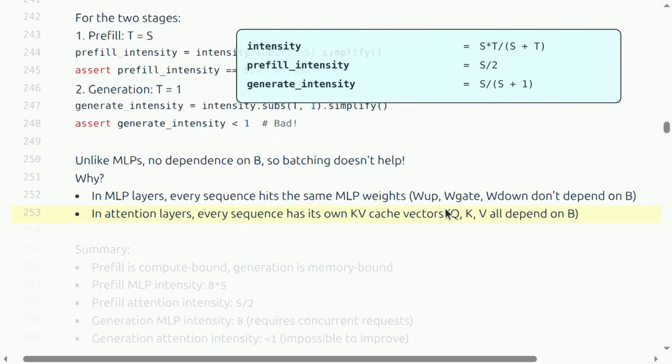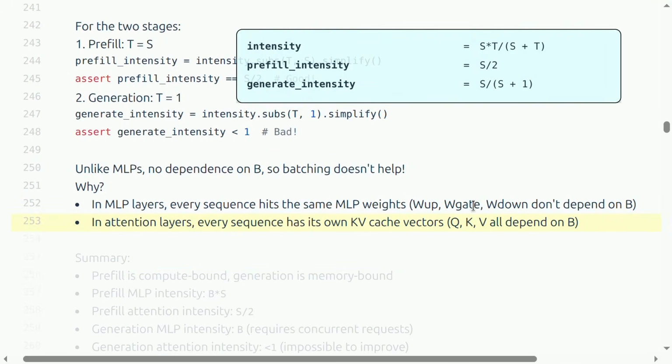What's going on here is that in the MLP case, having B be big is actually helpful because you get to load these MLP weights once, and you can use them for all your sequences. That's how you get high arithmetic intensity: simplifying a bit, you load it once, you do all your batch processing, and that is good.